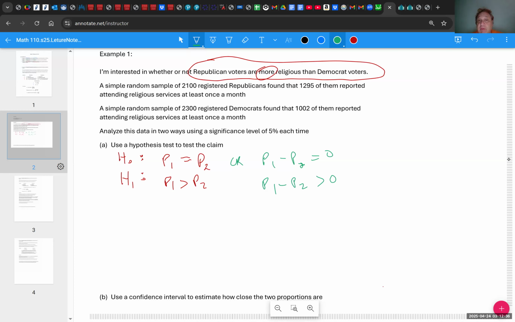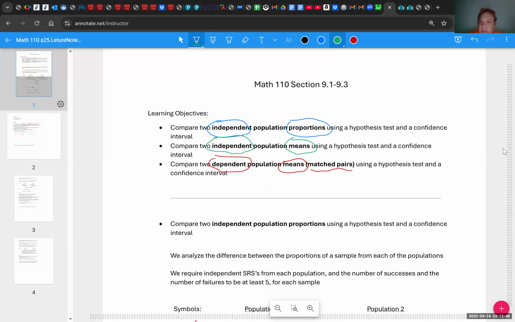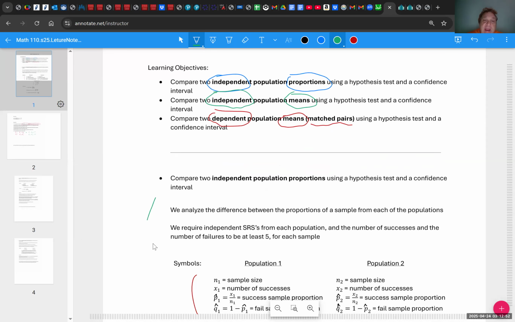And this kind of mimics what we're doing, because in order to do a comparison of populations, I think I skipped this up here. So let me go back real quick and read it. The part I skipped, sorry about that, was that we're going to analyze the differences between the two proportions. We're going to look at a sample from each, find the proportion from each sample, and subtract to find the differences.